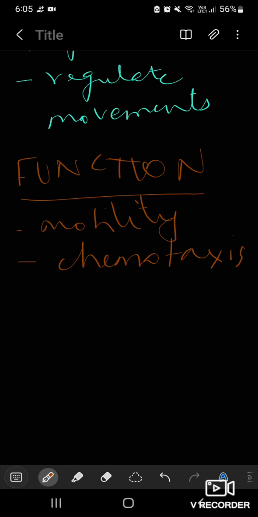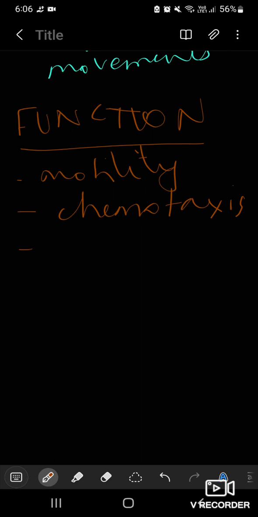So this is so that it can reduce or increase the concentration of particular substances that are moving in that particular region. So yeah, if you have any doubts regarding whatever I've taught until now, you can always write down in the comment box so that I can help you understand this topic better.